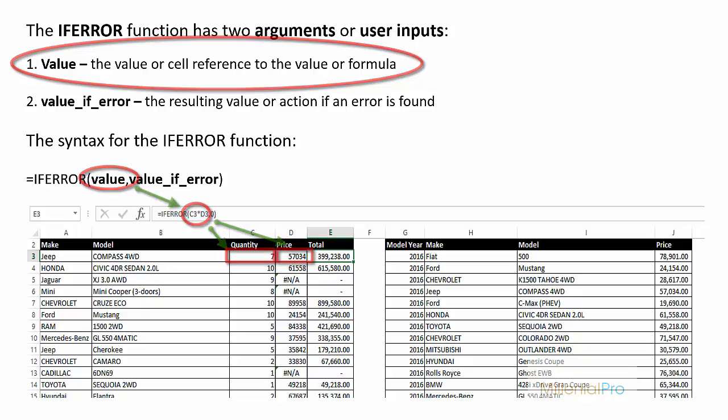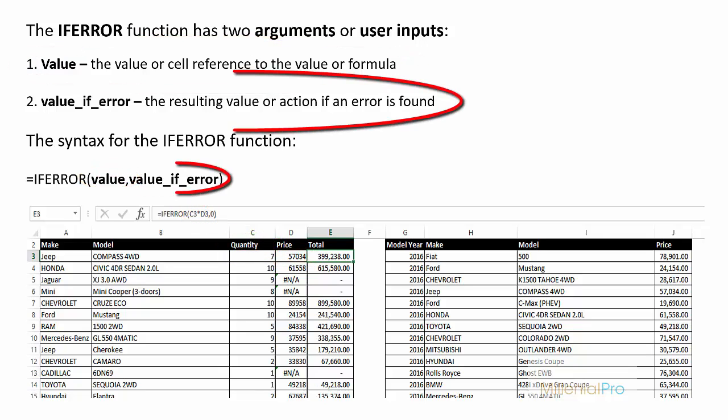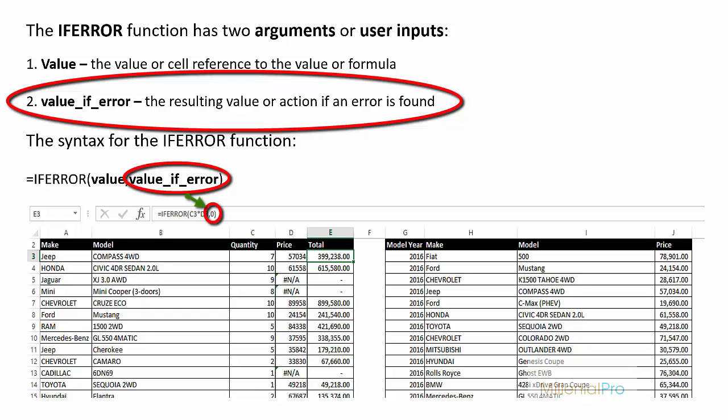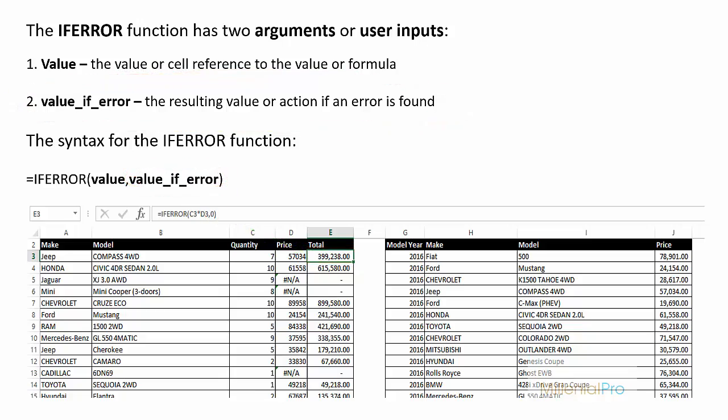The second argument is the value IFERROR. This is the resulting value or action that we wish Excel to do if an error is found in the first argument. In our example, what we want Excel to do if the calculation returns an error is to set this as 0 so that the sum at the bottom of this table would still work.